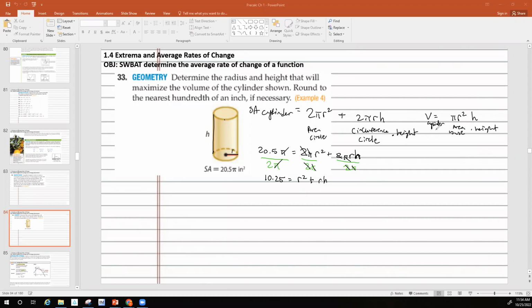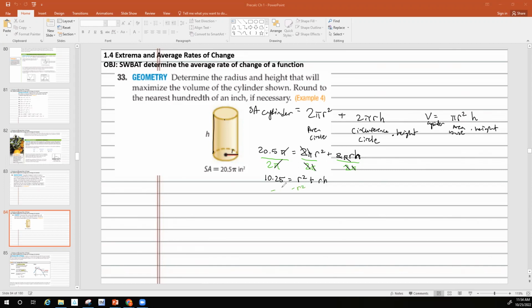Okay, so here we have r and an h as well. We also have a V, but oh well. What can you do? So here I'm going to solve for h because it looks easier to solve for than r. So that means we're going to move everything to the left side. I need to get rid of this r squared and this times r. Always get rid of the plus and minus first.